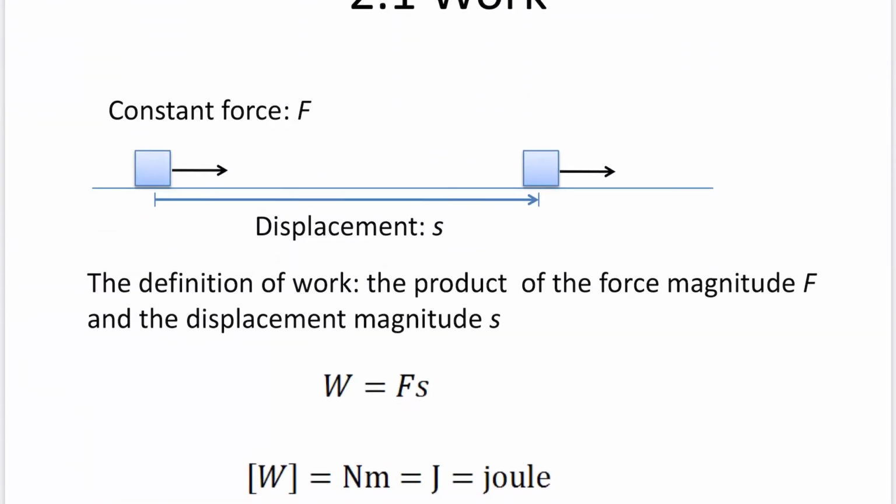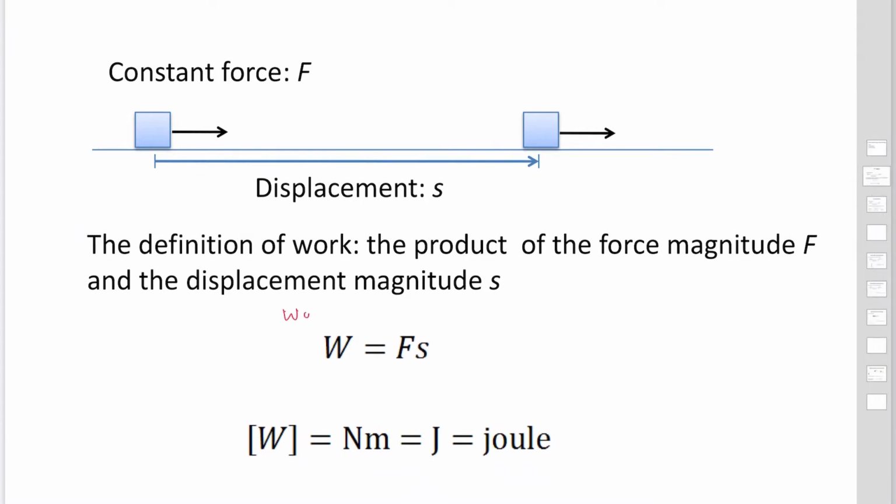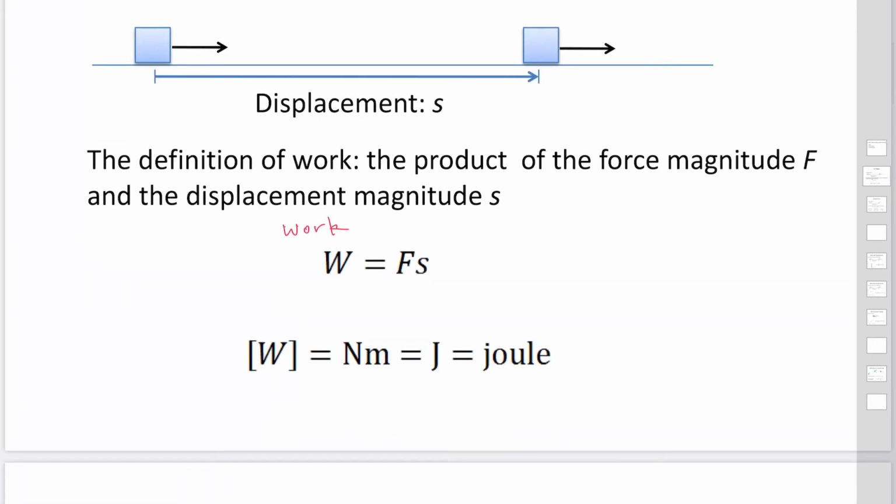A constant force F is applied to a box, and the box is moving to the right with a displacement S. The definition of work is the product of the force magnitude F and the displacement magnitude S. So work W is equal to F times S. The unit of force is the newton, and the unit of displacement is the meter.